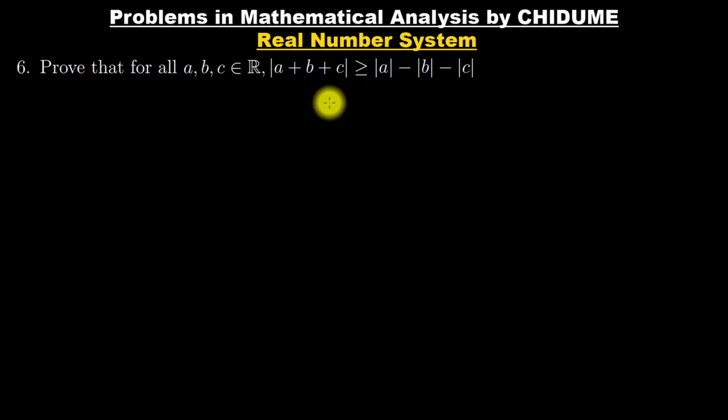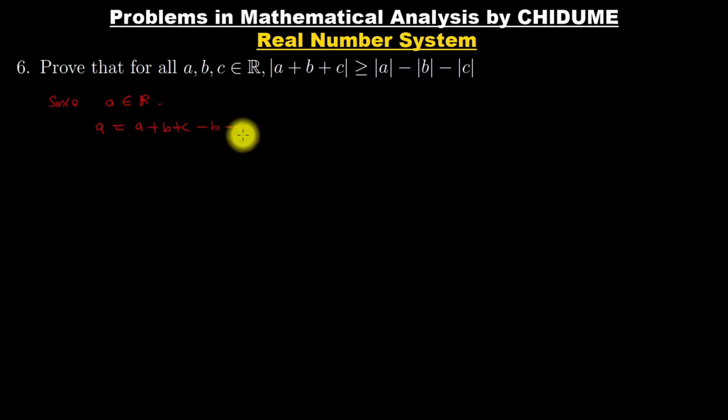All right, so I assume that you've done that, so let's go ahead to the solution. Now the trick here is that since a is in R, I can write a equals a plus b plus c, minus b minus c.